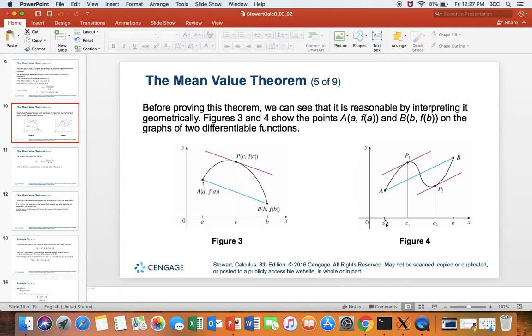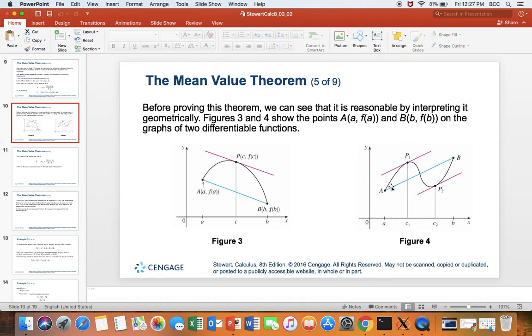This is corresponding to point a and that is corresponding to point b. Notice heights are different. Heights are different means you have a non-zero slope. There will be at least one point where the tangent is parallel to the line joining the end points.